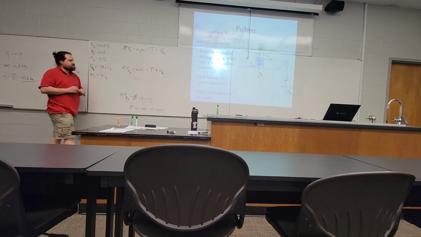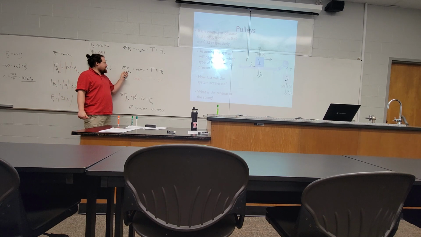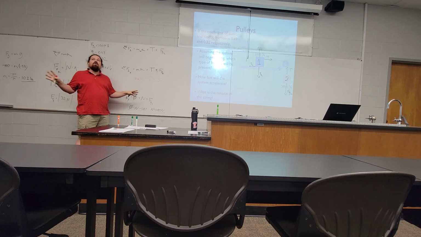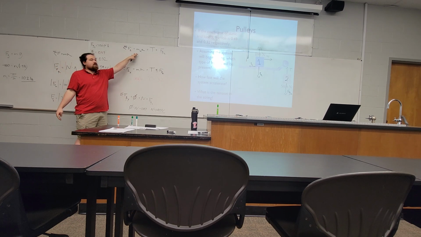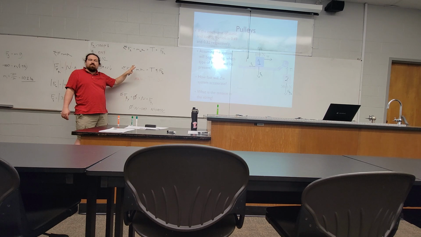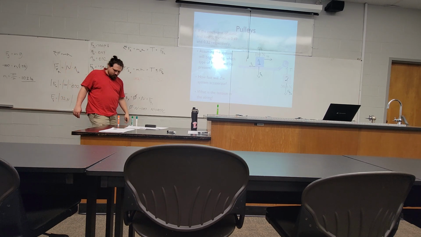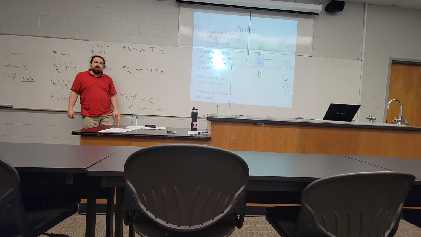And so, our x-axis equation for box 1 is now simplified to where A and T are the only two unknowns left. And now we need to do the same thing to this equation so that we can combine them and find those two things. Any issues thus far? All right.